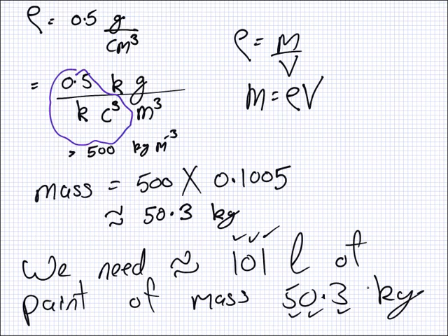Does anyone need to write down the second part? You got both parts? Question? So what value of pi did you use? I think I used on the calculator 3.1415.